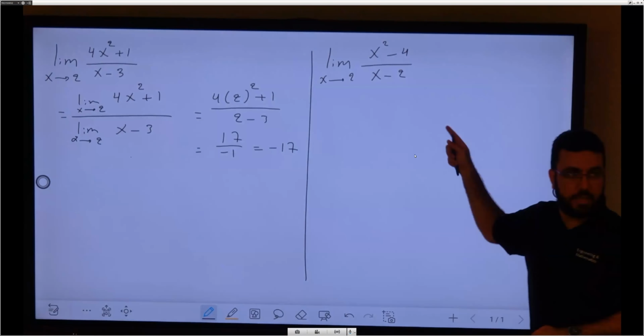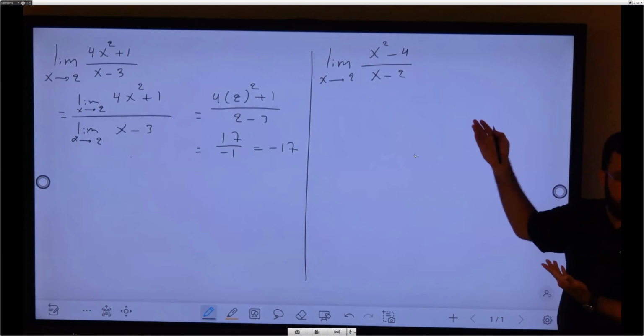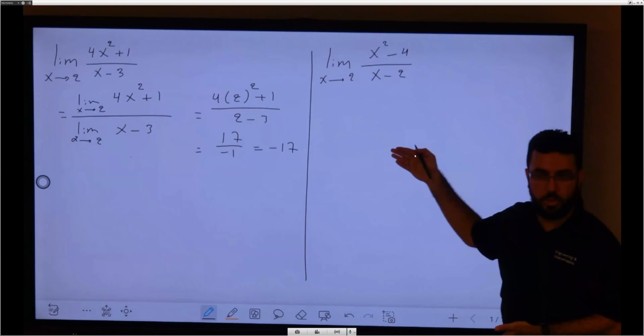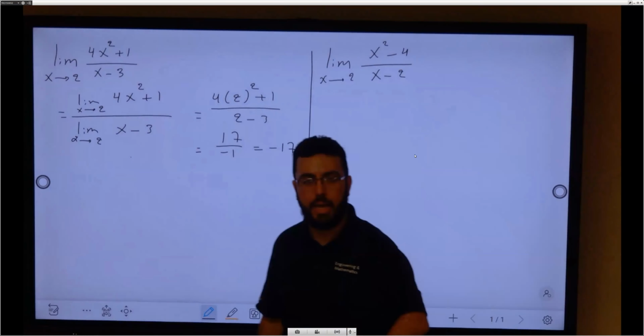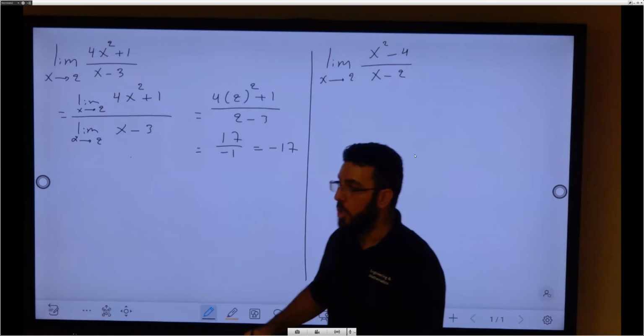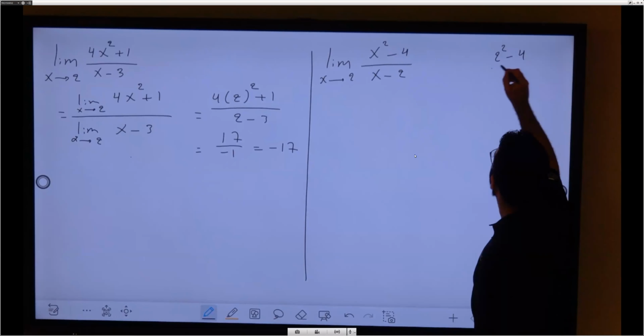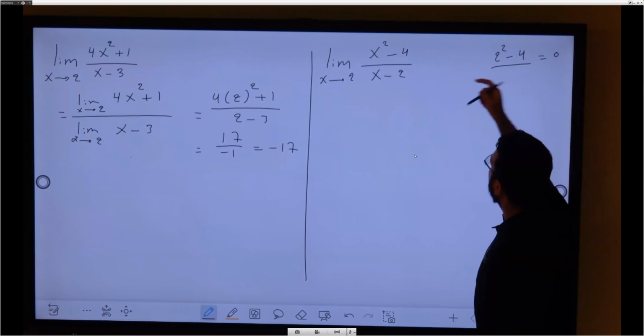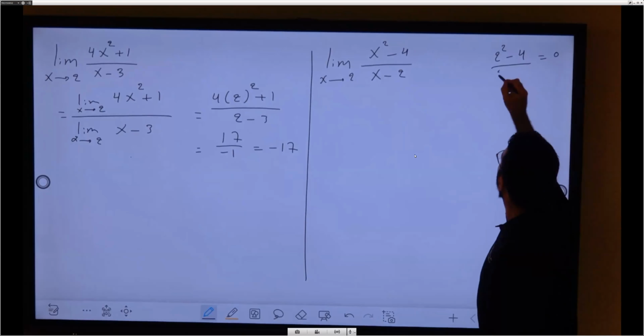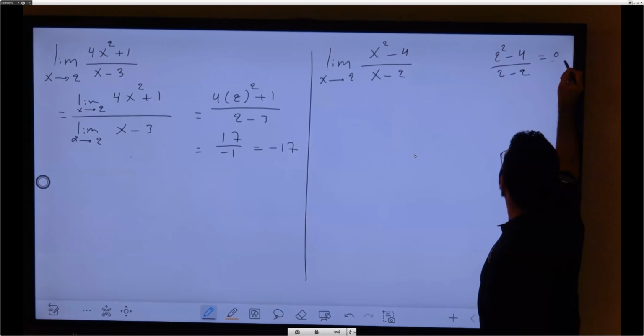Now let's check this example. Because it's polynomial on the top and polynomial on the bottom, you said, okay, I'm just going to plug in the number and get the result. So if you plug in 2 here, it is going to be 2 squared minus 4, which is equal to 0. Plug in the 2 here, 2 minus 2, and also the result is going to be 0.